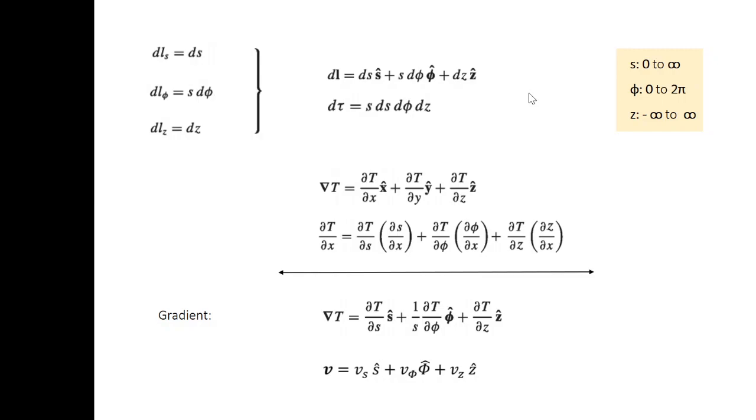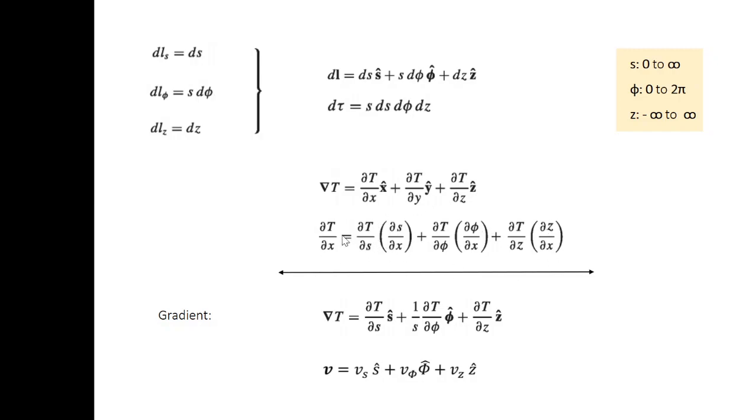Next is calculating the vector derivatives: gradient, divergence, curl, as well as the del operator. So do the same procedure as we have done in the case of spherical coordinates. First write the gradient of T in terms of the Cartesian coordinate system: dou T by dou x x cap plus dou T by dou y y cap plus dou T by dou z z cap.